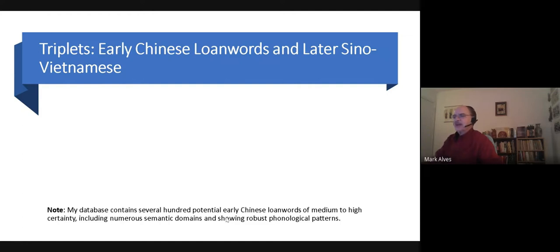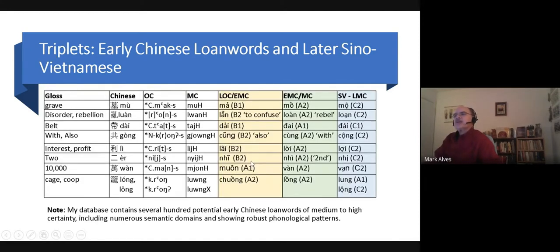So let's take a look at it. My database contains several hundred potential early Chinese loanwords of medium to high certainty, including numerous semantic domains and these phonological patterns. I've taken out some which are triplets. These are all several hundred doublets, but here are some triplets.